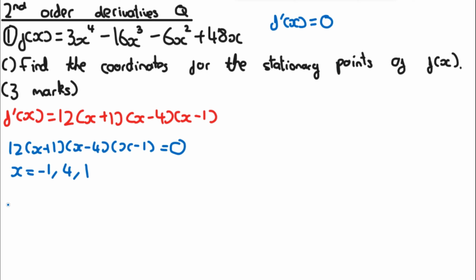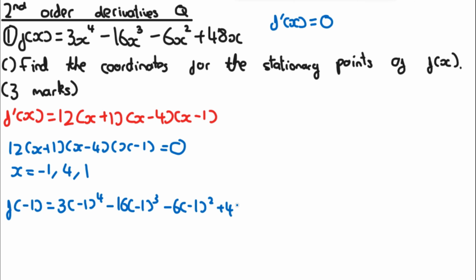So f(-1) is going to be 3(-1)^4 - 16(-1)^3 - 6(-1)^2 + 48(-1), and this is going to be equal to -35. So one of the coordinates is (-1, -35).